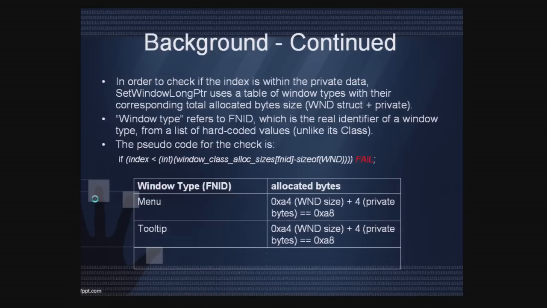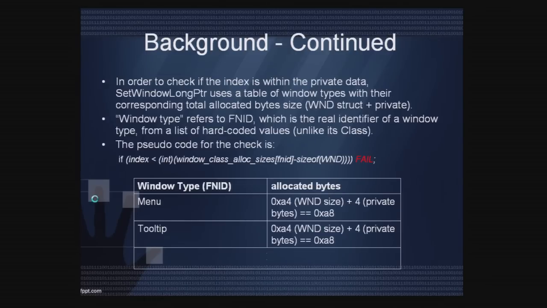There's a table that has the window type and the amount of bytes that are allocated for the window object plus the private data. This table is initialized with the right values. So for, let's say, a menu, it would have just the size of the window structure plus 4 bytes of private data.